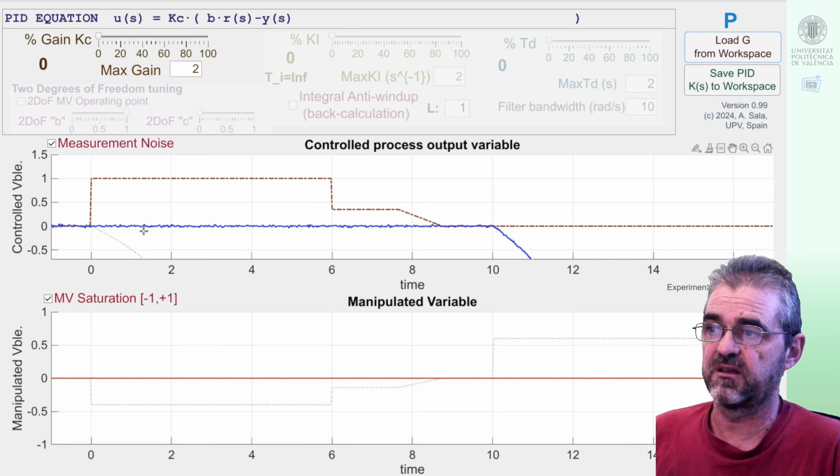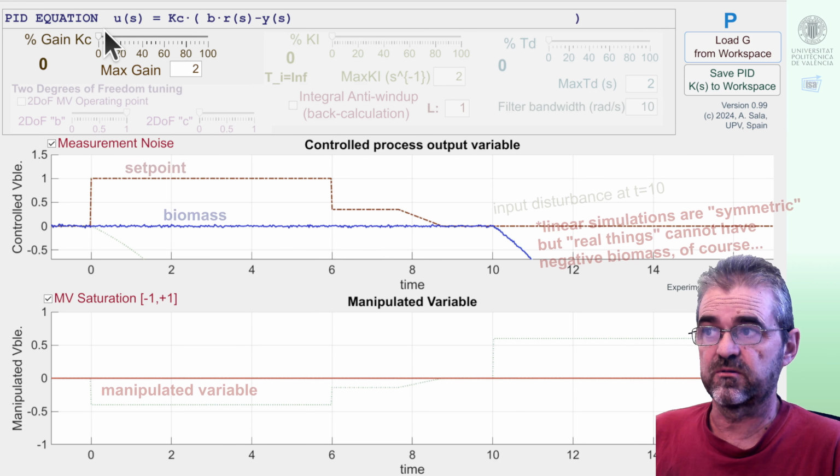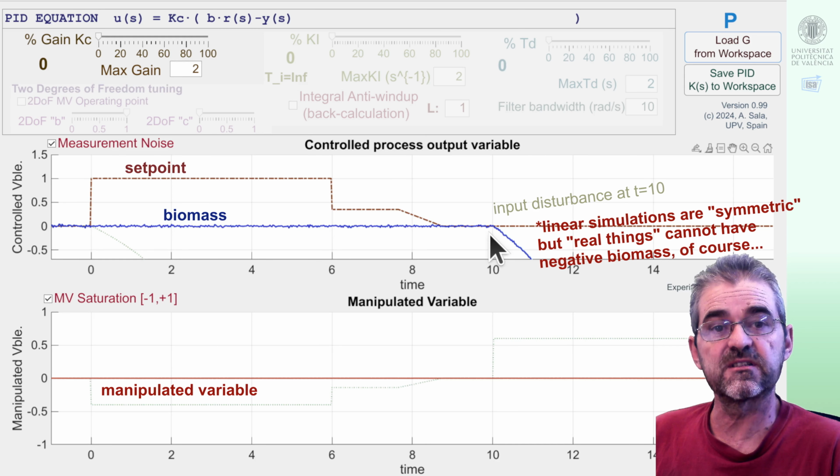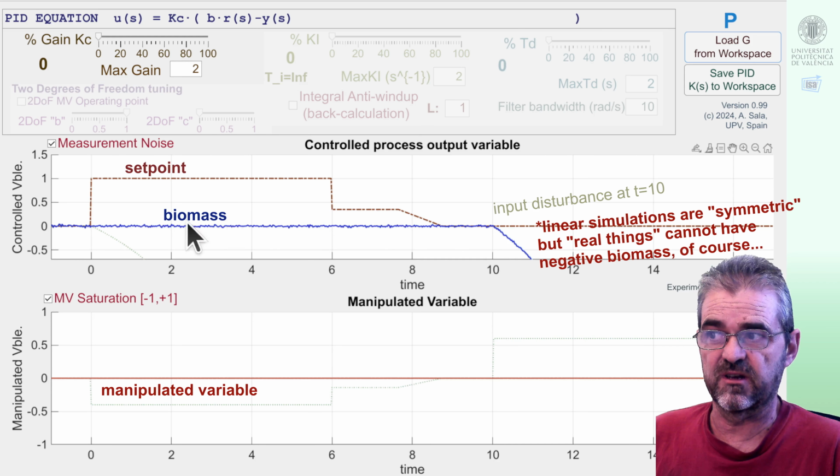In here we simulate zero gain control, open loop, and then things drift away when an input disturbance occurs at 10 hours, let's say, but in practice things will explode away immediately.